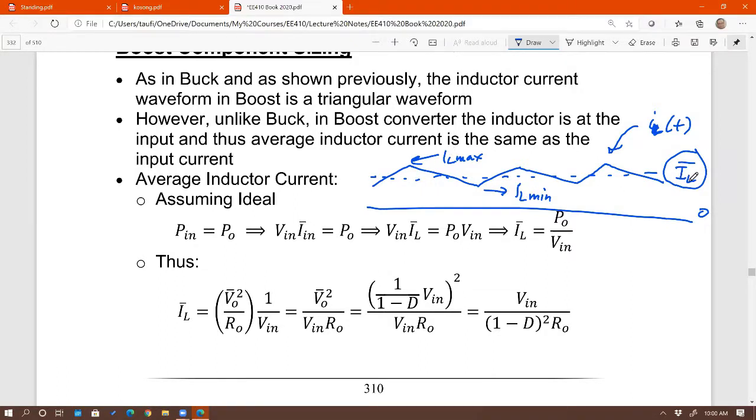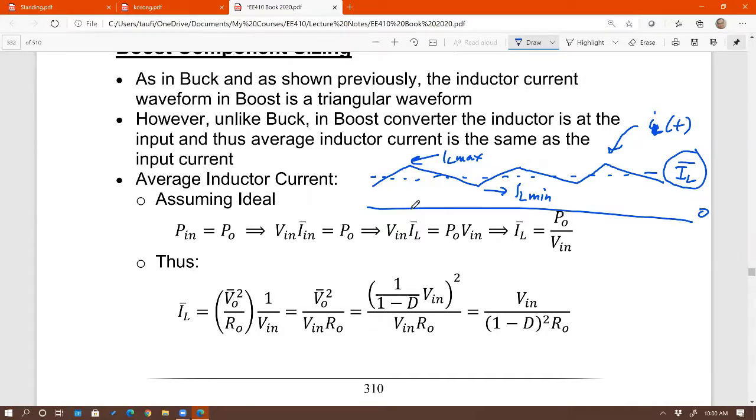Because what if I give you a different average output current, right? Then IL max is going to be different, IL min is going to be different. They're going to be shifted based on IL average. Agree? If IL average goes up, then of course IL max and IL min will go up proportionally, right? So be careful.